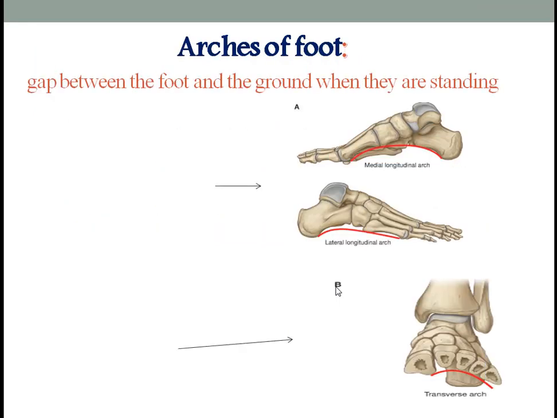We already talked about this. And here these are the arches of the foot: the medial longitudinal arch and the lateral longitudinal arch. And here lastly we have the transverse arch of the foot.